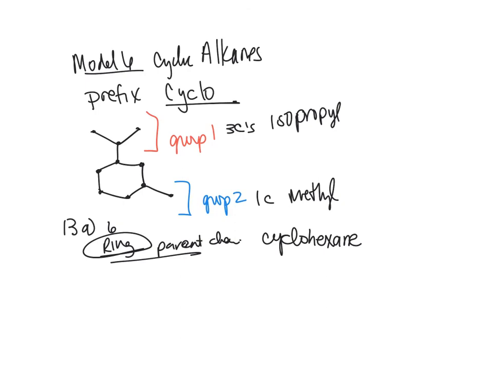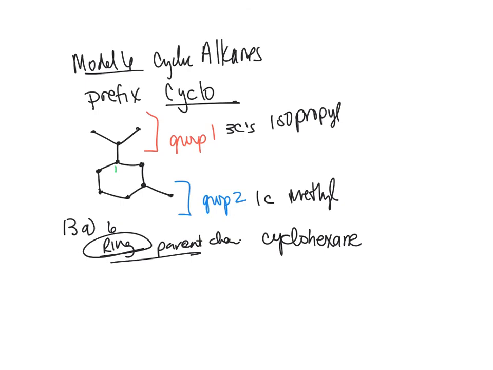Alright, so if you were to put that together, and let's do 14, I guess. In rings, one substituent will always be a carbon 1. Number the carbons in the ring 1 through 6, starting with group 1 and continue so that group 2 has the lowest number. So remember how we did left to right or right to left when you did your parent chain? Well, in rings, you have to decide whether you're going clockwise or counterclockwise, and you have to always start with one of the substituents as number 1.